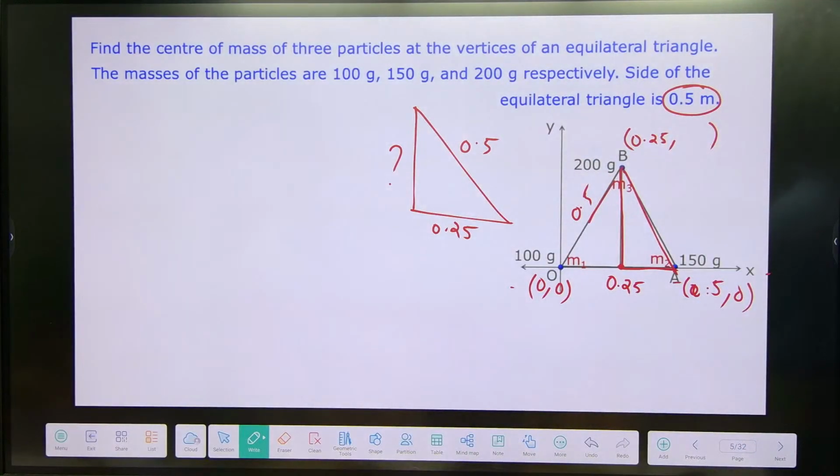Do the calculation. I'll come and check the calculations now.